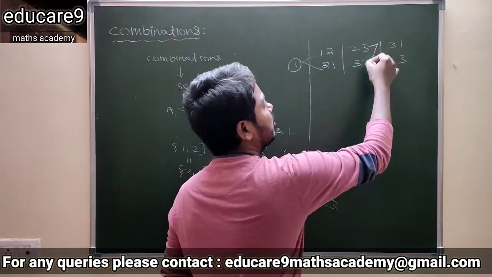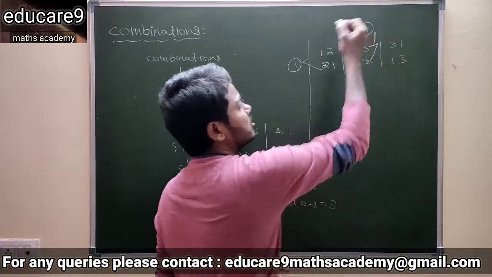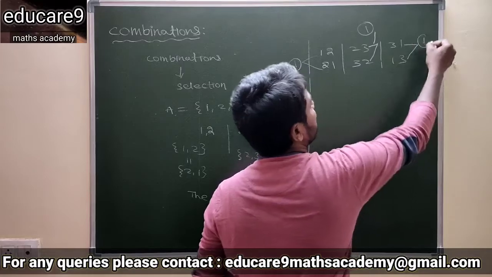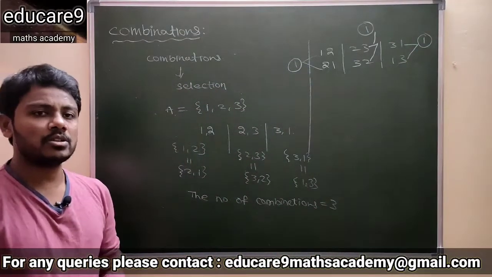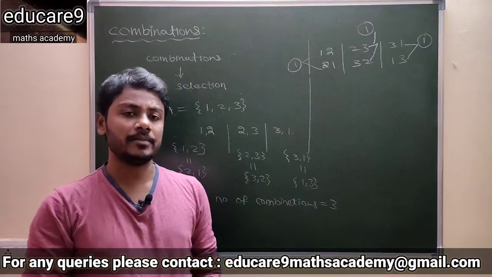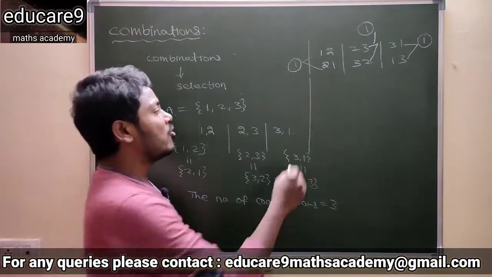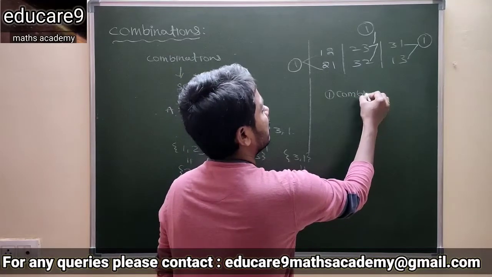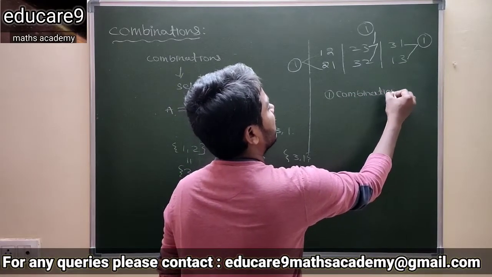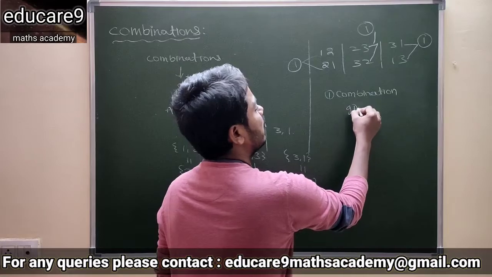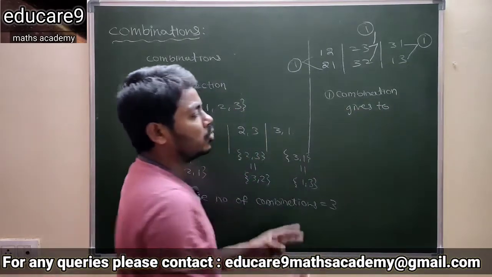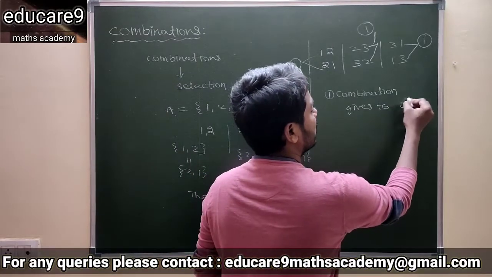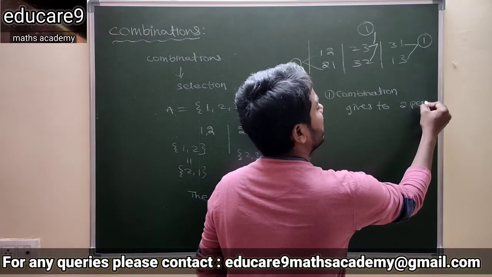And 2 3 and 3 2 is also 1 combination. And 3 1 and 1 3 is also 1 combination. So therefore the number of combinations is 3. And one combination gives 2 permutations, that is, 1 2 gives 2 permutations.